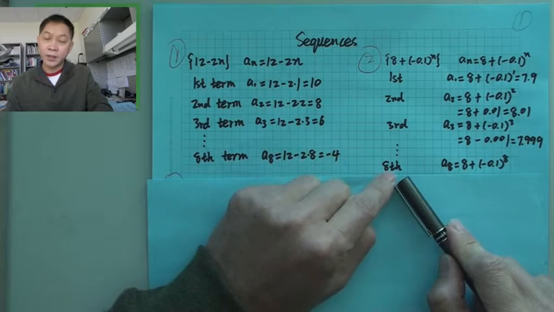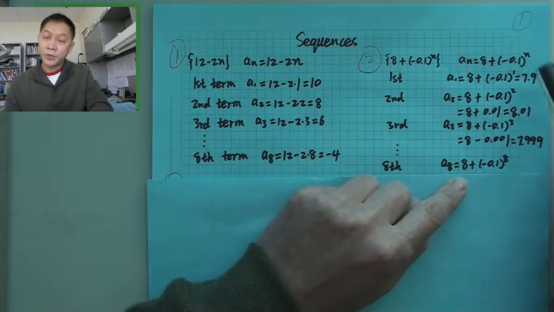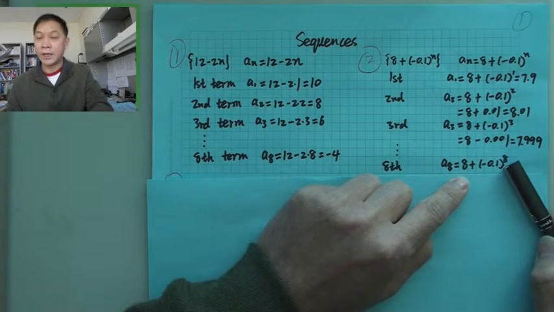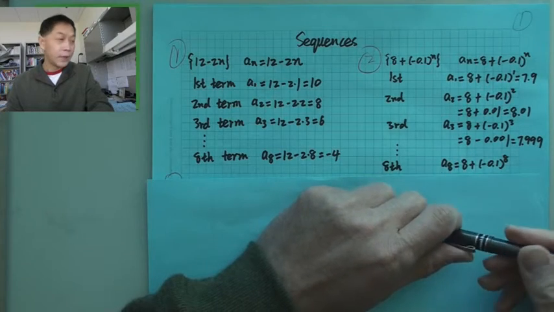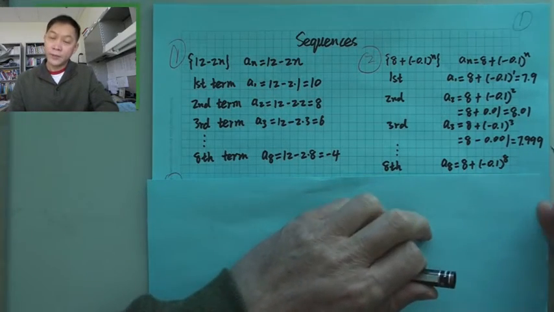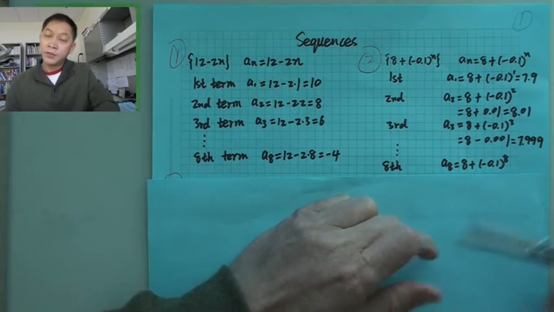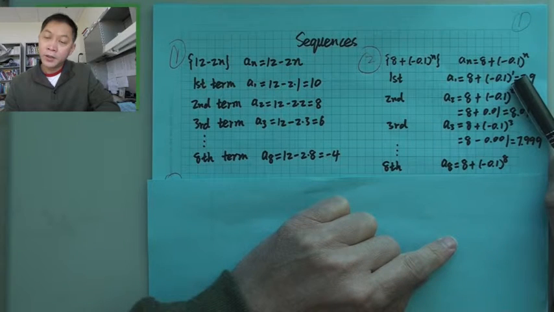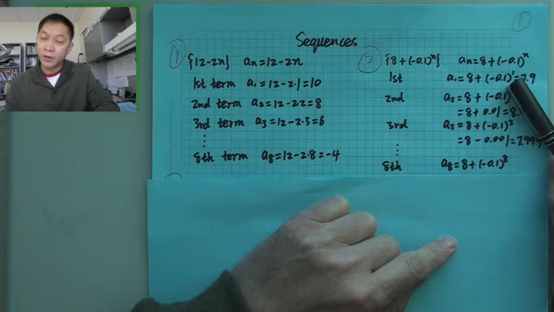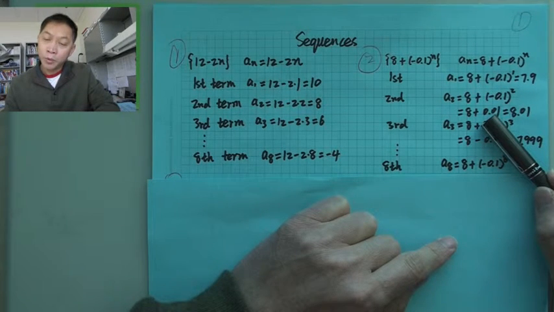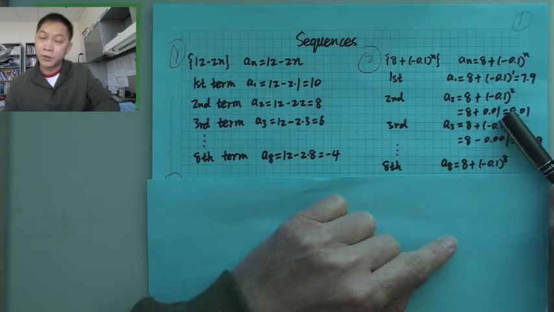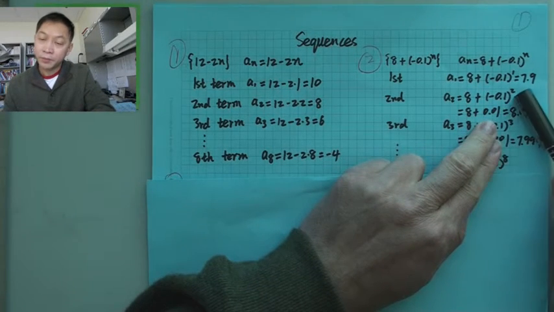What's the 8th term in this case? For the 8th term, you see down here, n is 8. Now, if n was 1, then you have 0.1. If it was 2, then you have 0.01. So you have 2 zeros.